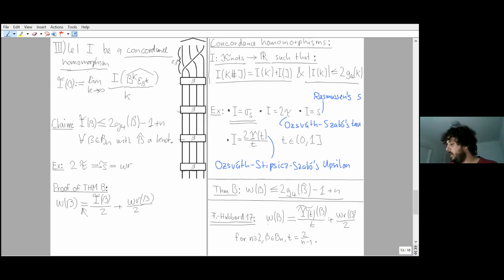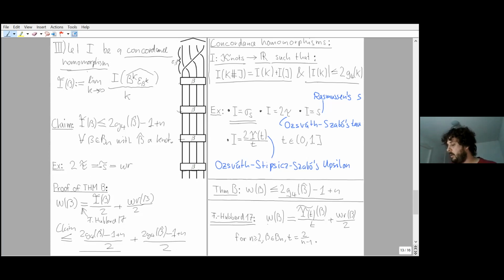And if you notice, well, you can immediately write this inequality. This just follows from what's over there. And now I'm done, because by the claim, this first term is 4 genus of closure of beta minus 1 plus n halves, and by the usual slice-Bennequin inequality, I get exactly the same thing again.